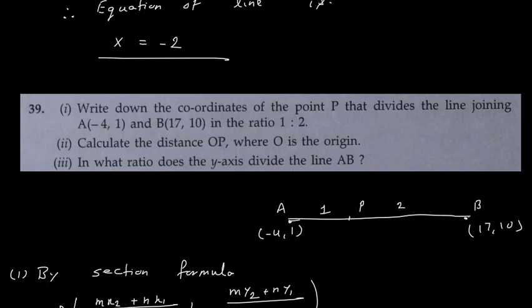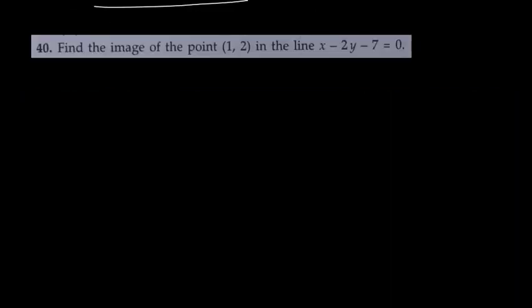Next question is: find the image of the point (1, 2) in the line x minus 2y minus 7 equal to 0. So suppose this is the line x minus 2y minus 7 equal to 0, and suppose there is a point, say here we have the point (1, 2), call this point A. I have to find the image of this point in this line.